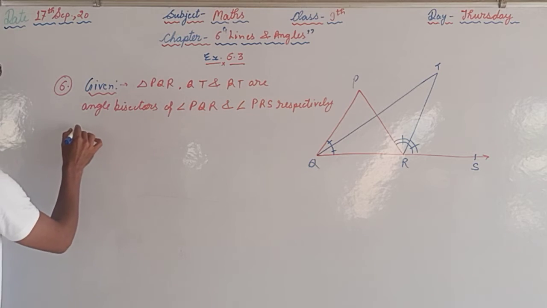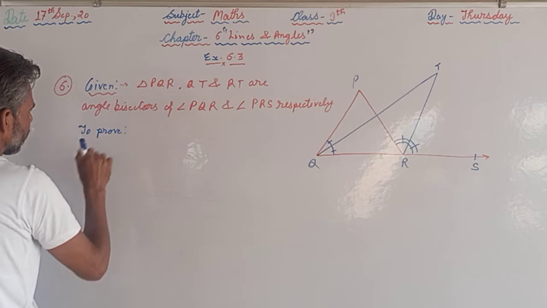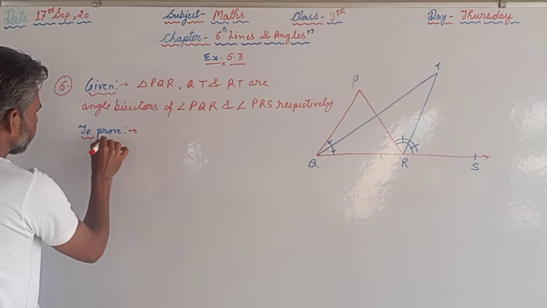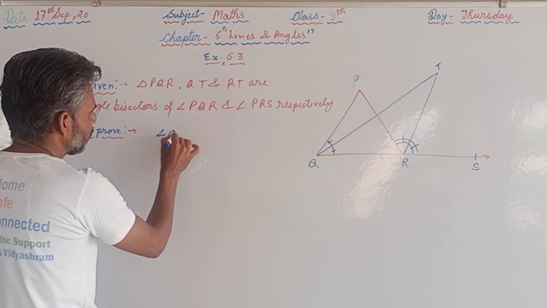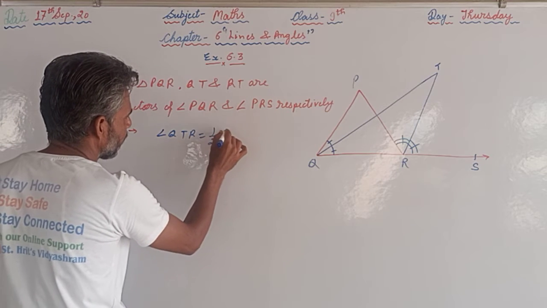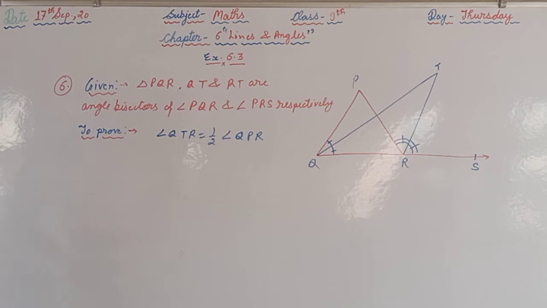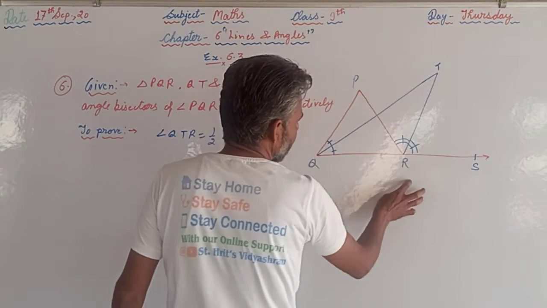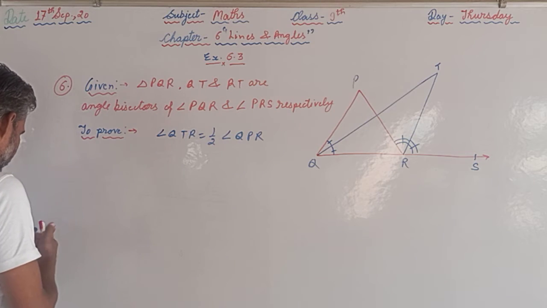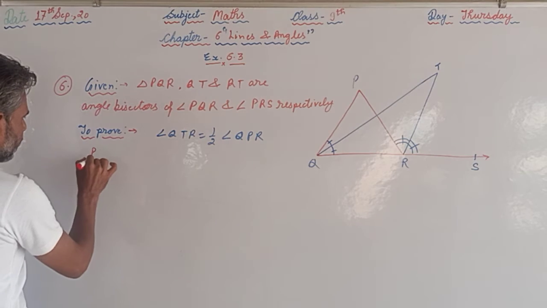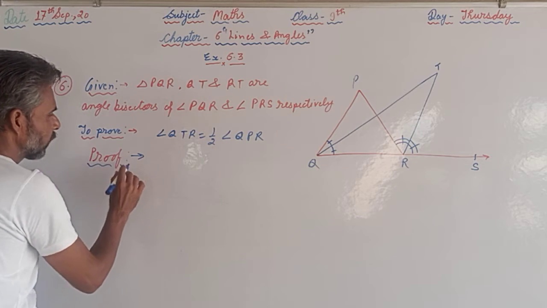Then we have to prove what we have to prove: angle QTR is equal to half of angle QPR. So now we proceed with the proof, how to prove that.